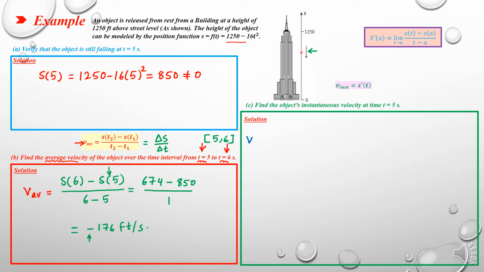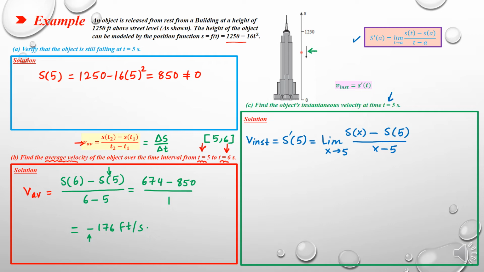So v instantaneous equals s prime of 5, because you have to find it when t equals 5, and this is equal to the limit of s of x minus s of 5 divided by x minus 5 when x goes to 5.